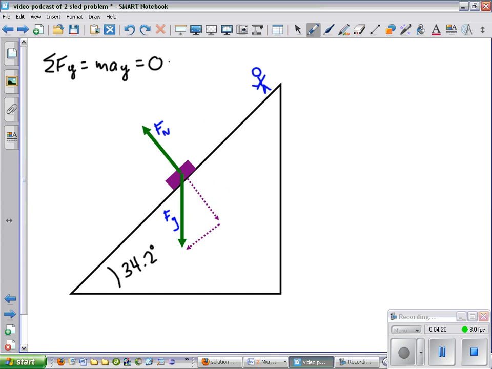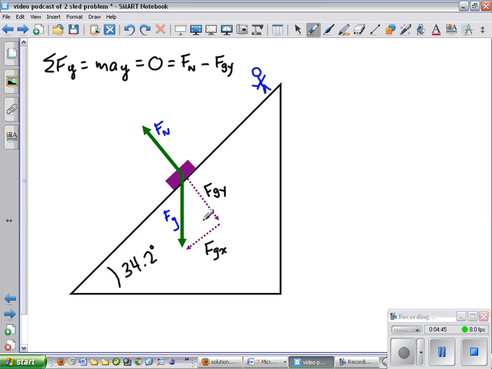So we could say that Fn minus Fgy is equal to 0. This is Fgy, the y side of the triangle, but we don't need to know that for this problem. So we instead want to focus on the force that's causing the acceleration, which is Fgx, this side of the triangle.